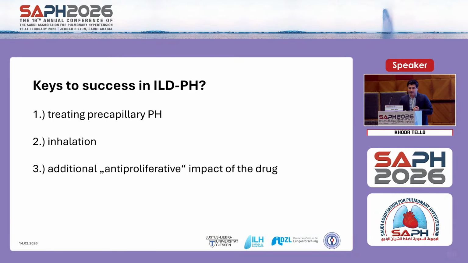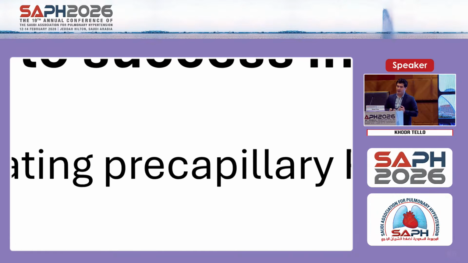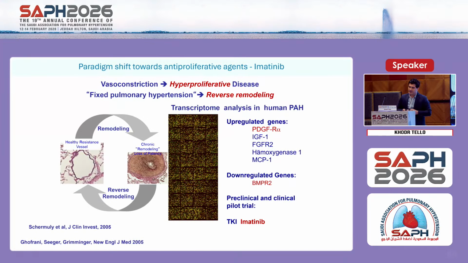And when we look at seralutinib, I don't want to overlap too much with Olivier, it is of course based on studies also from Gießen by Ralph Schermuly and Soni Pullamsetti. We know from the array analysis from 2005 that in patients with PAH, the PDGFR genes were upregulated.